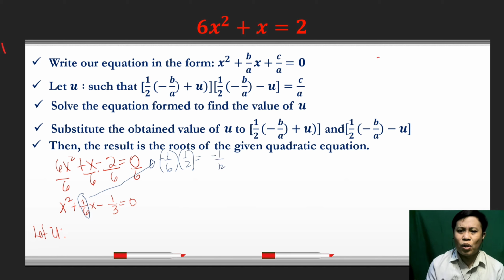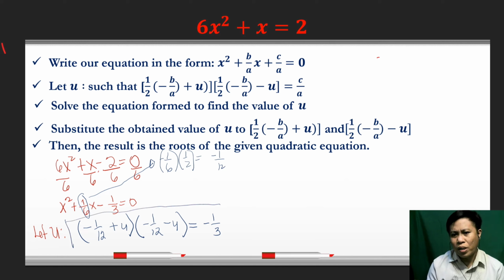Meaning negative 1 over 12 plus u times negative 1 over 12 minus u equals the constant negative 1 over 3. Okay? So this is now the equation.